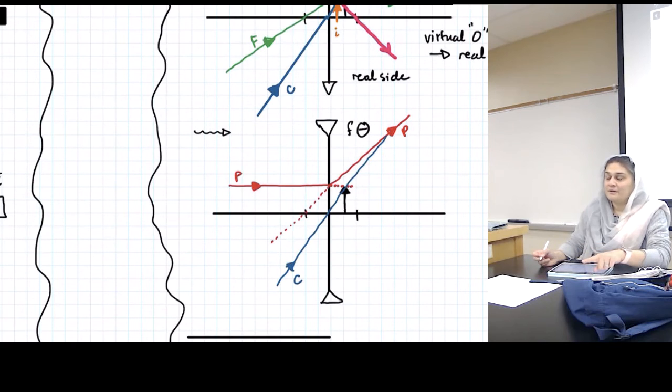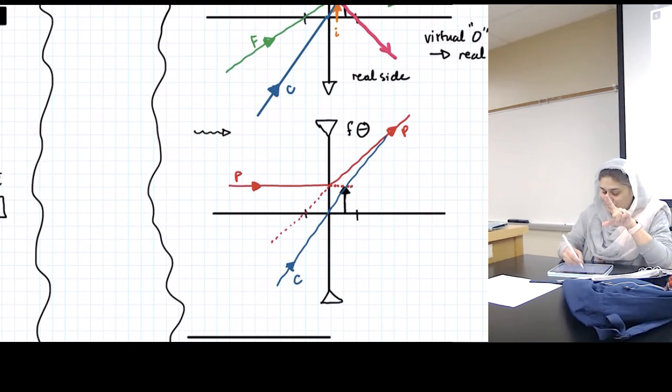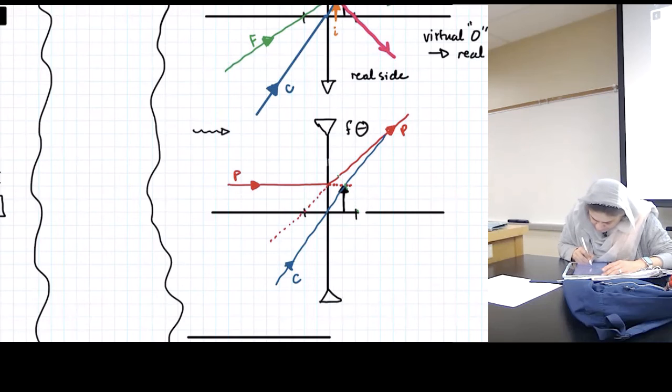Now, what about focal? Which focal point will it use? It's a lens. 1 or 2. So let's call this one 1 and this one 2. Which one will it use? 1 or 2? 2. Very good. Be very careful. This is going to be going very, very steep.